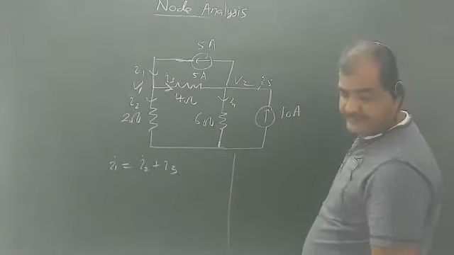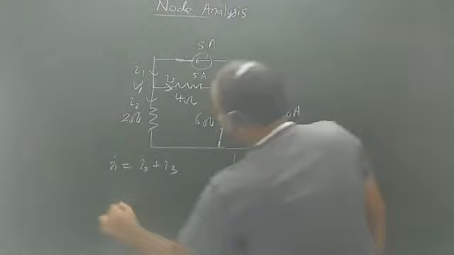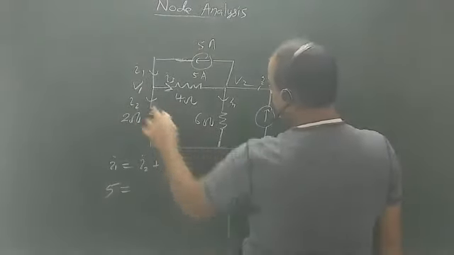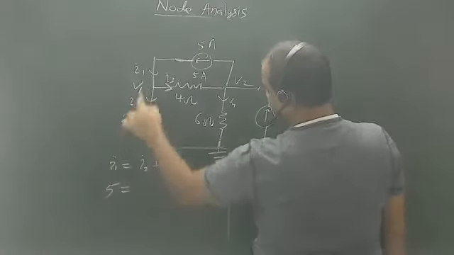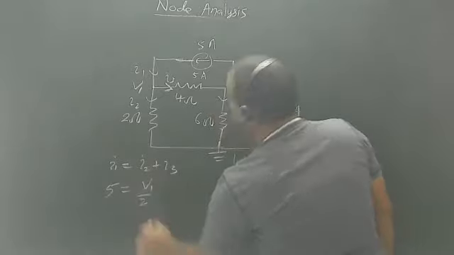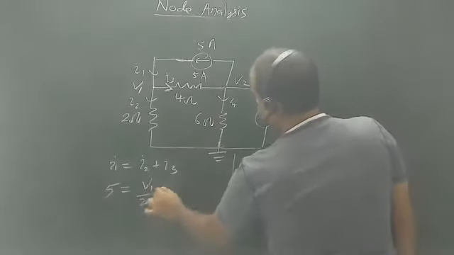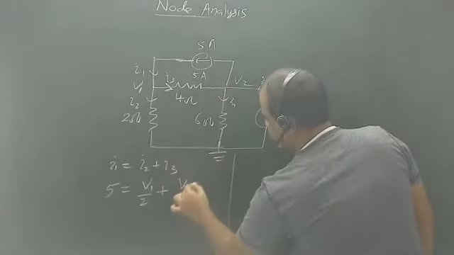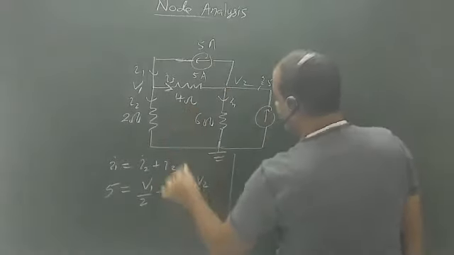What is the value of I1? 5 ampere. Very good. So I1 is already given as 5 ampere. I2 will be, this is grounded, V1 upon 2. And I3, this is V1, V2, so V1 minus V2 by 4.